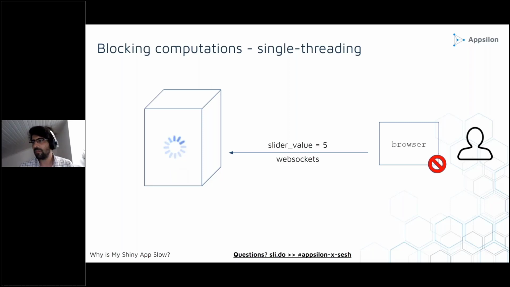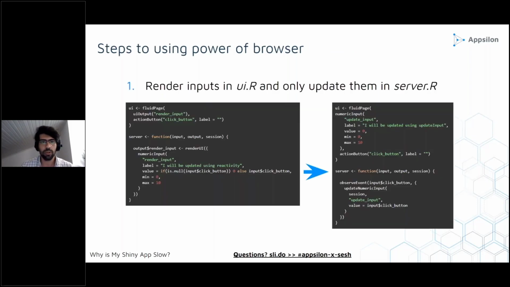And I'm slowly running out of time. Okay, so how do you actually leverage the browser to prevent long operations from blocking your application? The first thing is, I see this very often where render functions are being used slightly incorrectly.